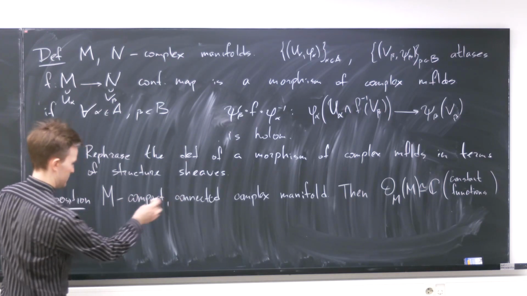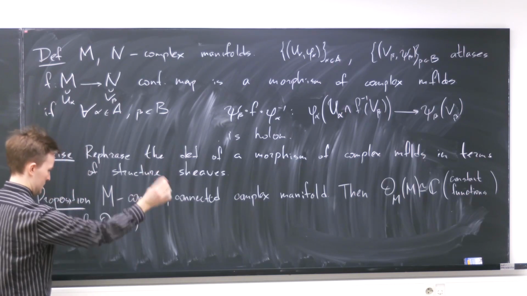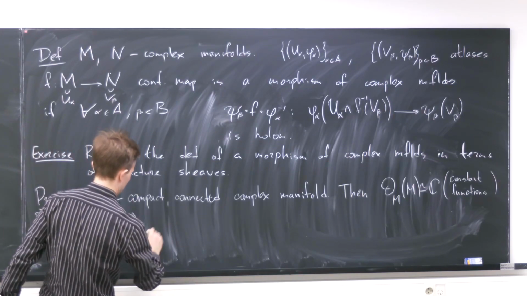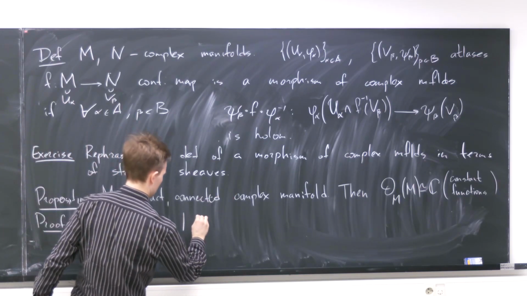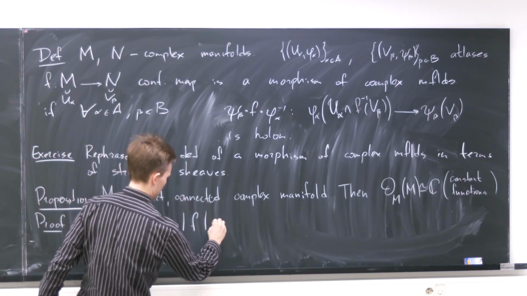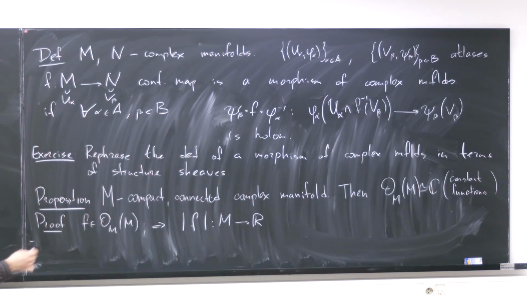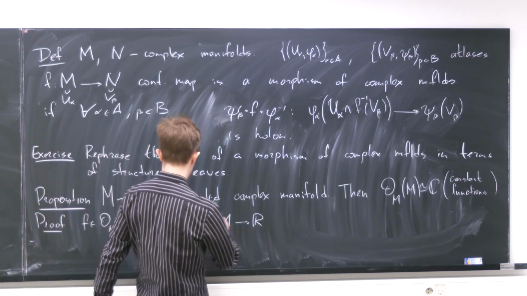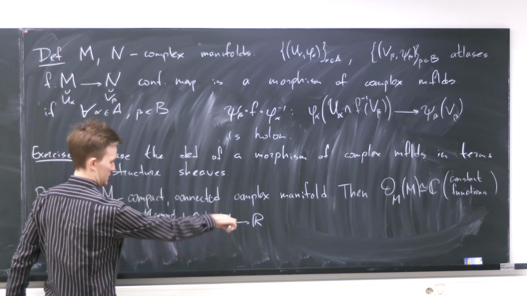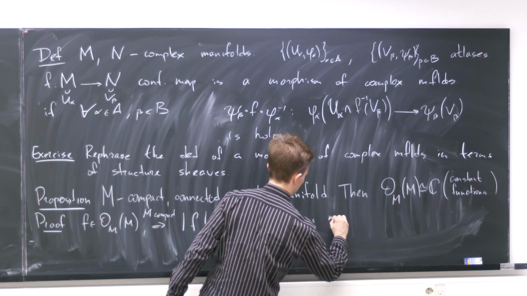So if we have some function, then indeed, since M is compact, the absolute value of f, this is a function from M to R, attains a maximum.